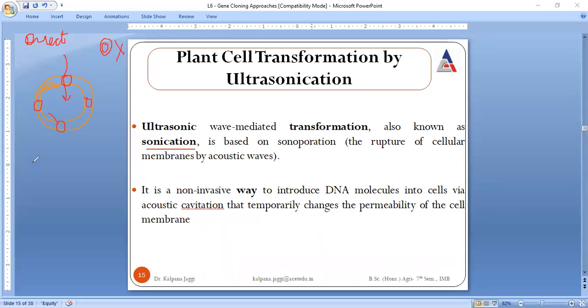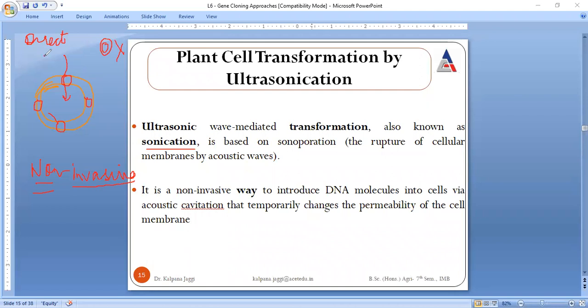So we can say it is a non-invasive way. Non-invasive means nothing is visiting here. As in the case of Agrobacterium, it was visiting, that means it was invading the plant genome, and later on it was allowing the transfer of only the T-DNA segment into the host genome. But here it is non-invasive. That means nothing has to visit the host genome.